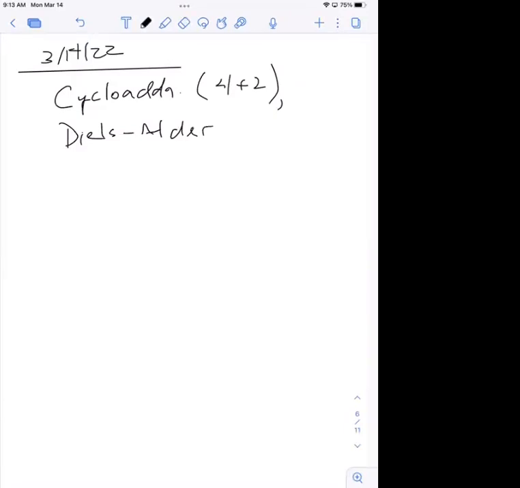This is a reaction between a conjugated diene and a dienophile. We're going to make this some alkene. Actually, I'm going to introduce it like this. That'll help. We can cover a couple more concepts and kill two birds with one stone.